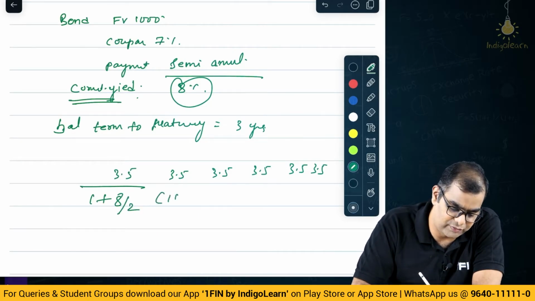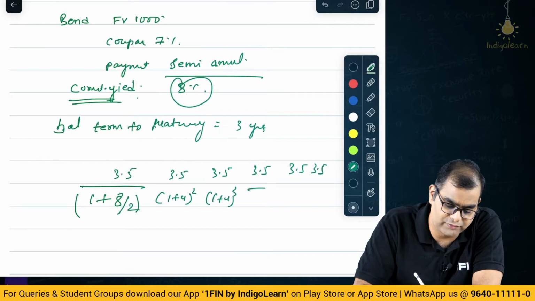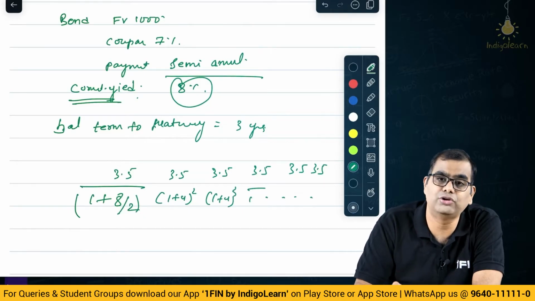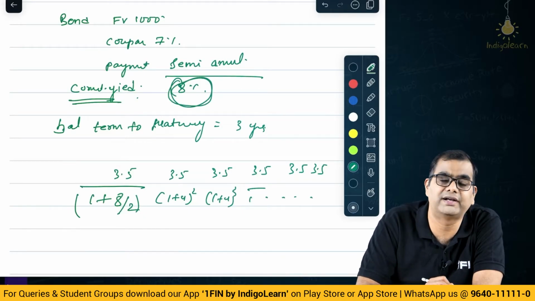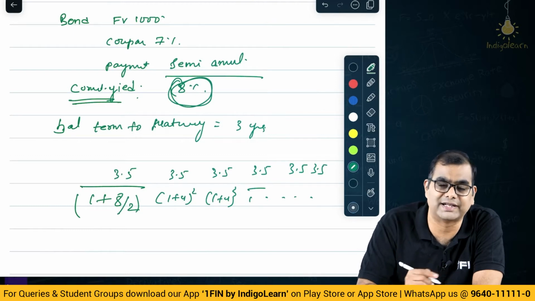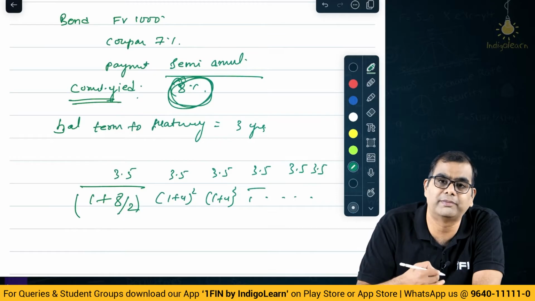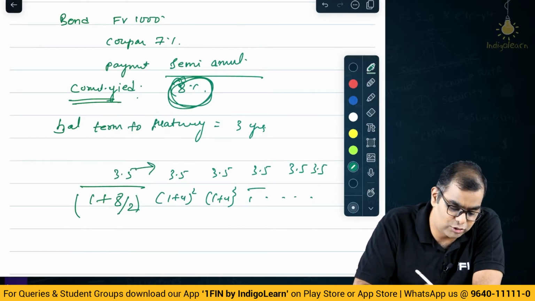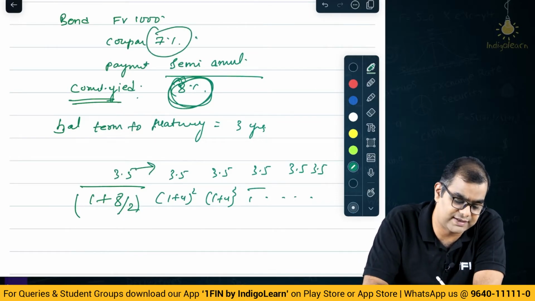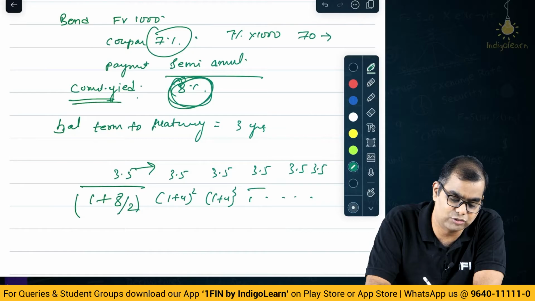So this one will be 1 plus 4%, squared, then 1 plus 4% whole cube, and so on and so forth. Basically, the yield is divided by the coupon payment frequency. Please note, you have not taken 7%, you have taken 7% of 1000, which is 70. 70 into 1 by 2 is actually 35.